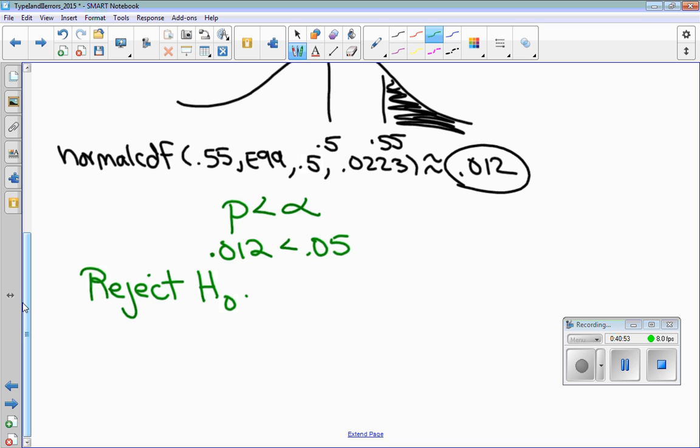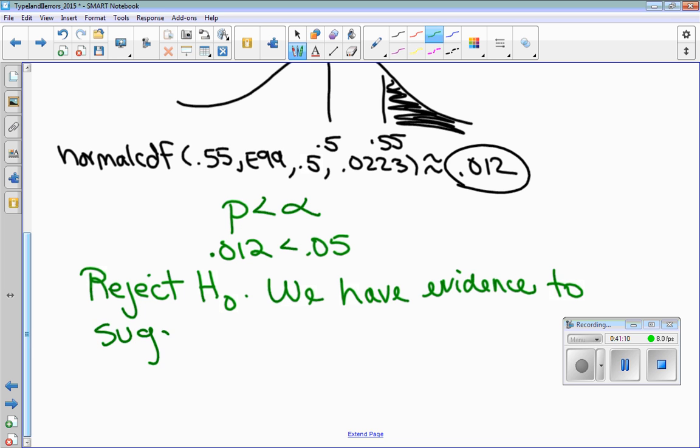So in context would mean we have evidence to suggest, this is our evidence, this hypothesis test that we conducted here, that more than half of adults get enough sleep.